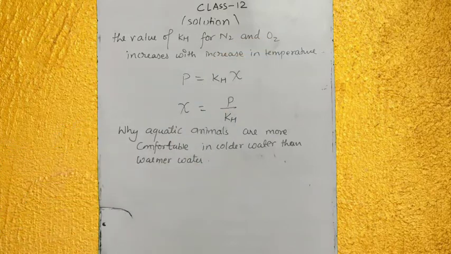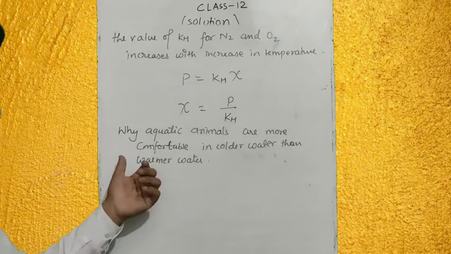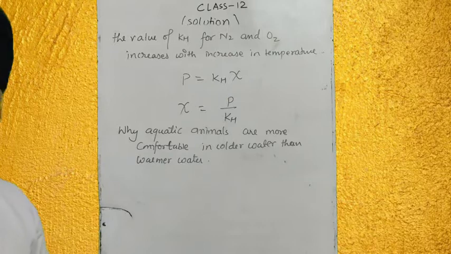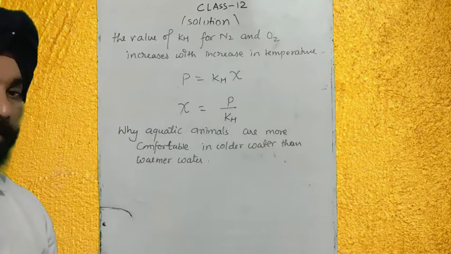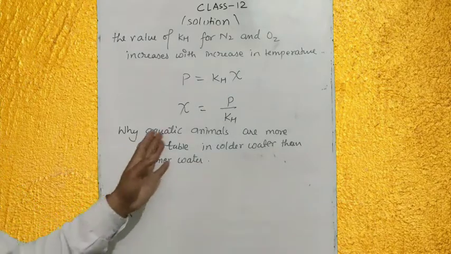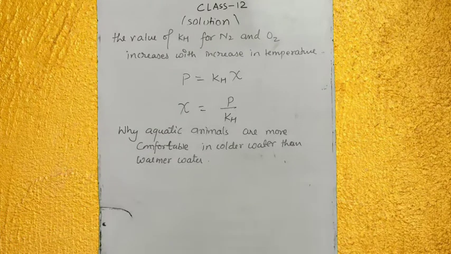So if solubility of oxygen is decreasing in water, aquatic species will be less comfortable. Okay, so that is why they are more comfortable in colder water than the warmer one. So this will be the correct answer of this particular question.